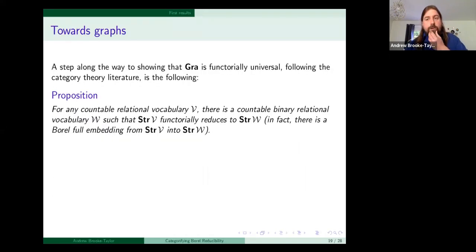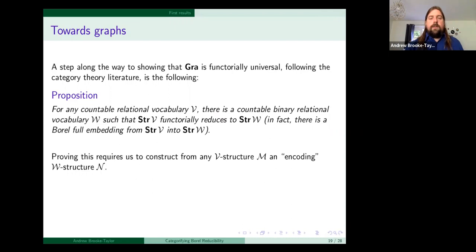So I want to talk through this to give a flavor of the kinds of constructions that we do in this area. Following this category theory literature, a key step, the one that doesn't immediately translate across, is to show that for any countable relational vocabulary V, there's a countable binary relational vocabulary W such that structures for V functorially reduces to structures for W. And in fact, the proof shows that there's a Borel full embedding.